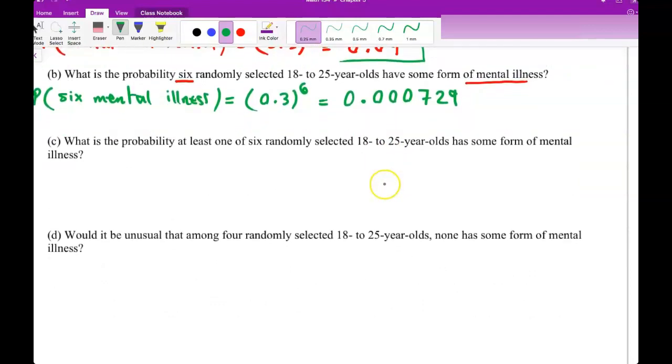Now, next one, what is the probability of at least one of 6 randomly selected having some form of mental illness? We have 6.